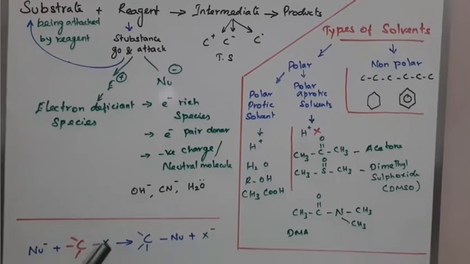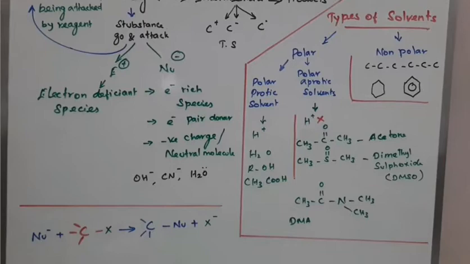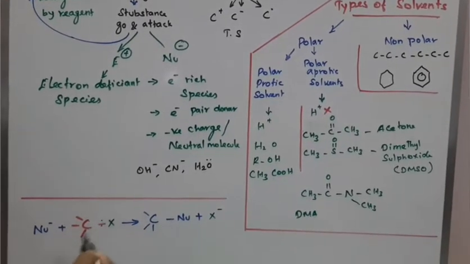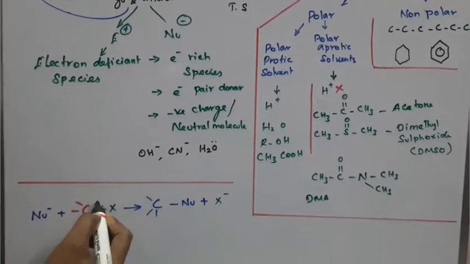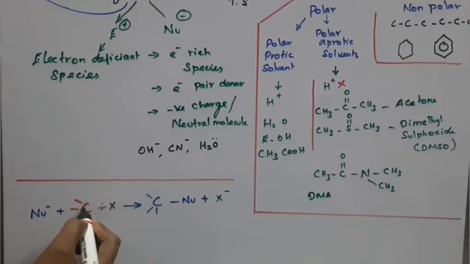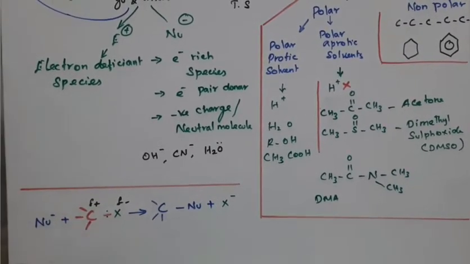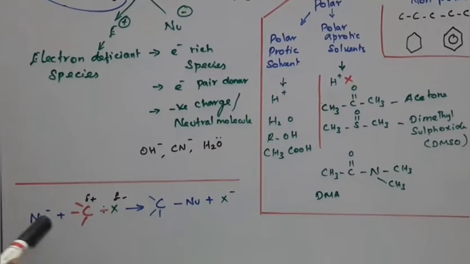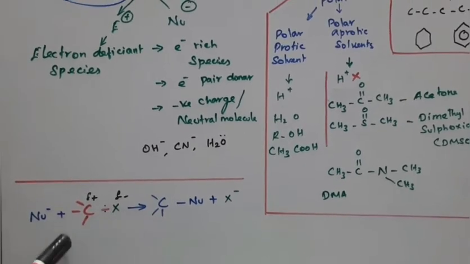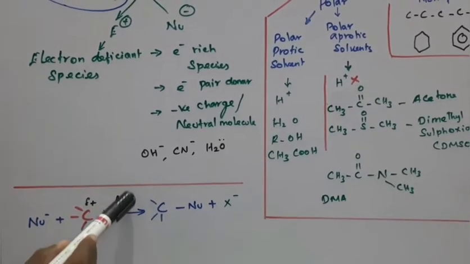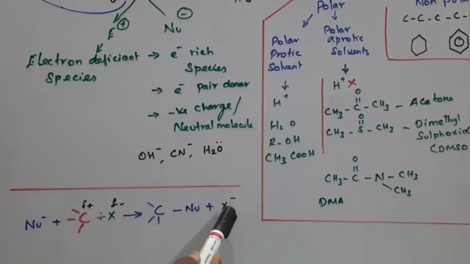This is the alkyl halide, and the nucleophile reacts with the alkyl halide. What is happening here? Usually a pair of electrons is present. Because of the halogen atom, it pulls the pair of electrons from the carbon, so the halogen gets a partial negative charge and the carbon gets a partial positive charge. At that time the reagent goes and attacks the alkyl halide. The halogen is a best leaving group, so it easily leaves as X minus.